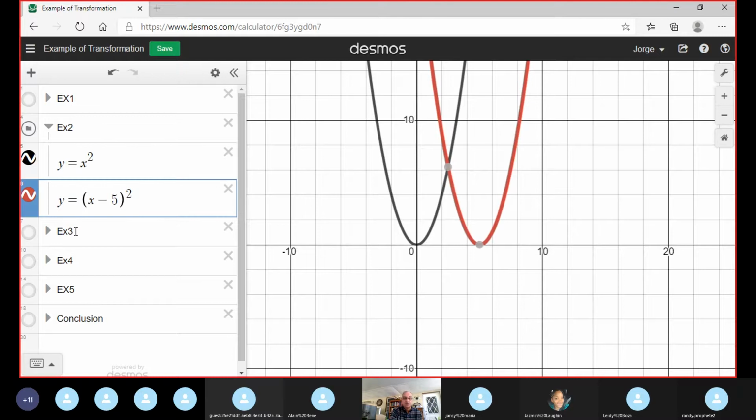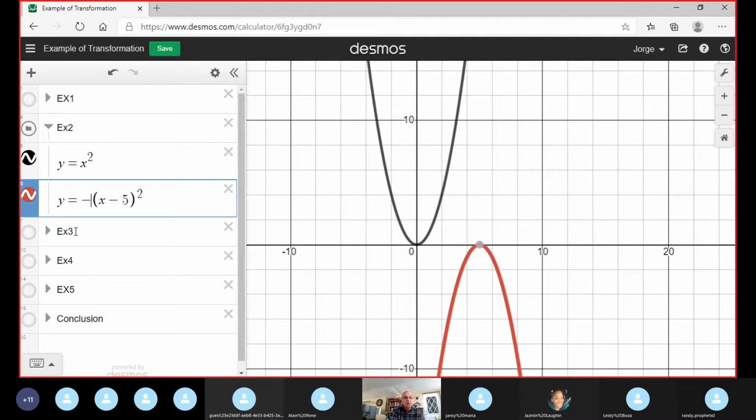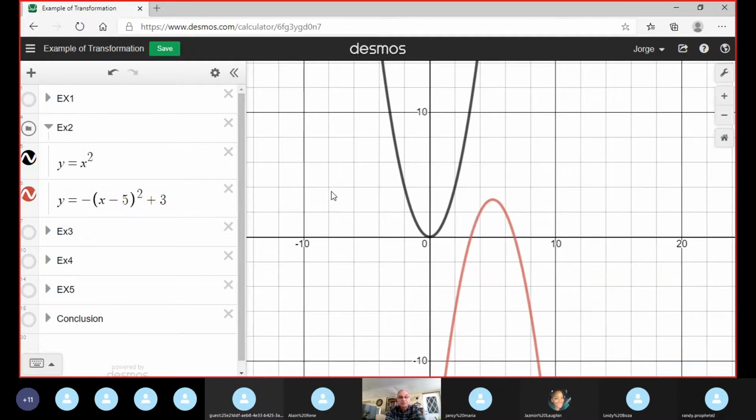When you apply the negative, a reflection, and when you apply +3, it's a vertical shift 3 units up, because 3 is positive. When there's a negative inside the parenthesis, it's to the right.